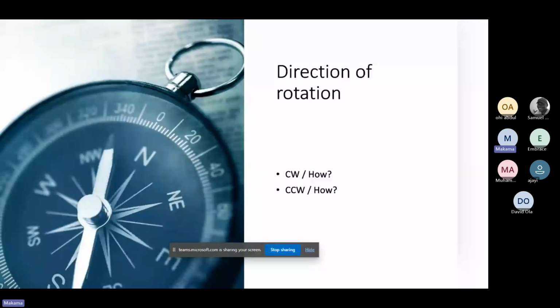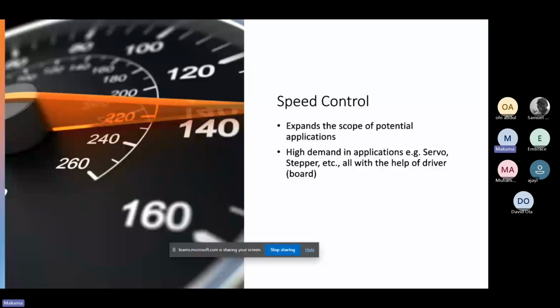That is why we need the H-bridge. So we have the speed control. Speed control is very powerful. The word control itself is very powerful, because when you can control something, you have control over it, which means you can do whatever you want with it, right?